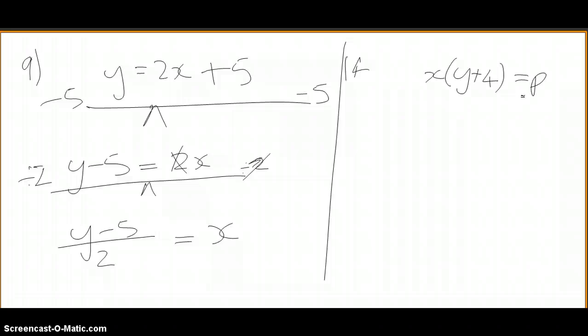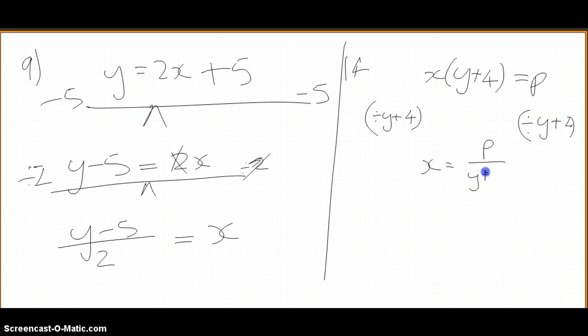With 14, we have to keep the y plus 4 in the brackets, keep those things together, and simply divide by y plus 4 on both sides. Do that to that side, do it to that side, keep it in perfect balance, and the answer becomes p over y plus 4. And keep things together, right?